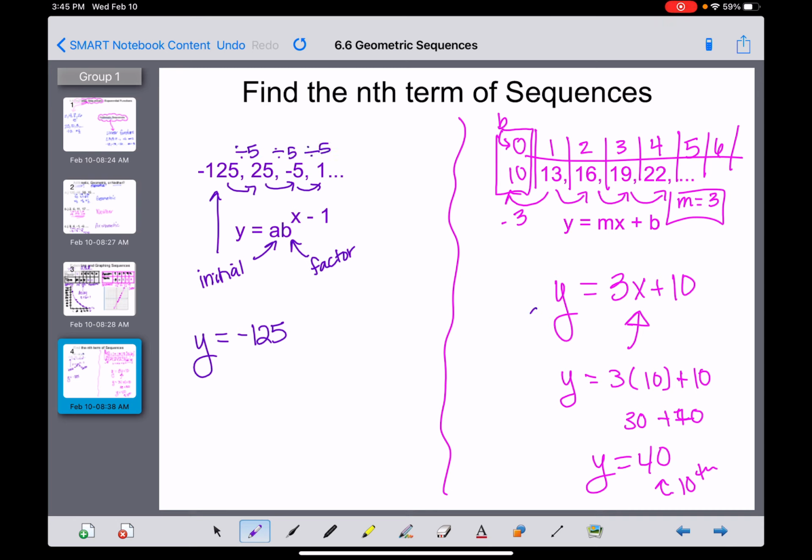That is the same as multiplying by the reciprocal, so multiplying each value by 1/5. So that is my factor, or my multiplier. So -125, we're going to multiply by 1/5, and it's always going to be raised to the x minus 1 power. So whatever term I want to find, like if I want to find the 10th term, all I'm going to do is plug that in for x.